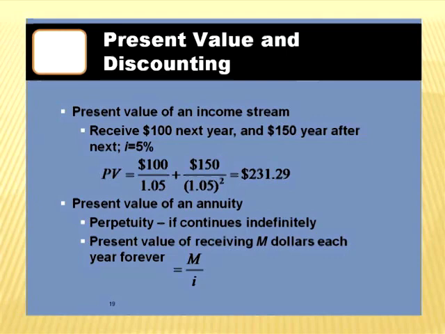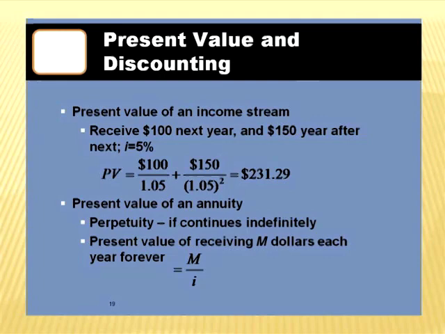So the present value, you see the calculation there, is 100 divided by 1.05 plus 150 divided by 1.05 squared. And if you work all that out, you'll see that it's equal to $231.29. Again, it's not worth $250 because it's at some point in the future, and so as a result we have to discount it or bring it back to a current value.